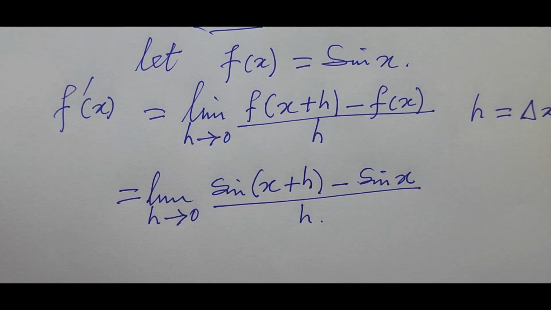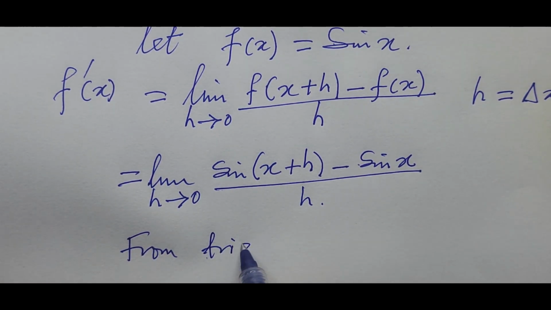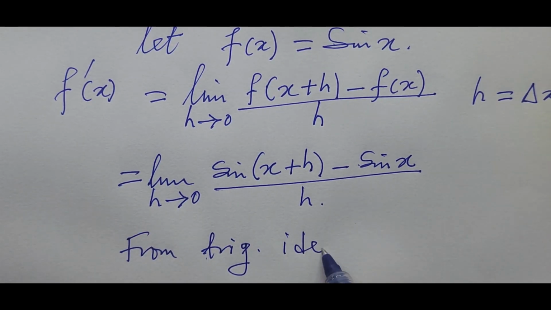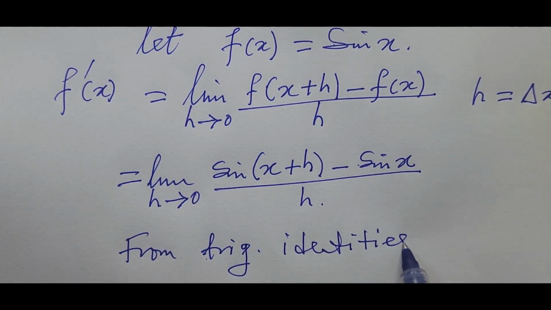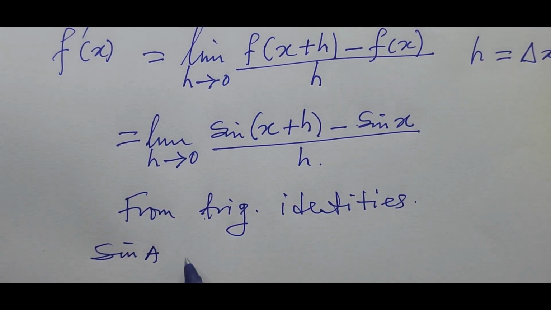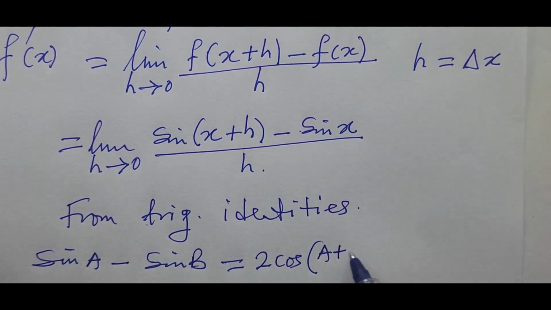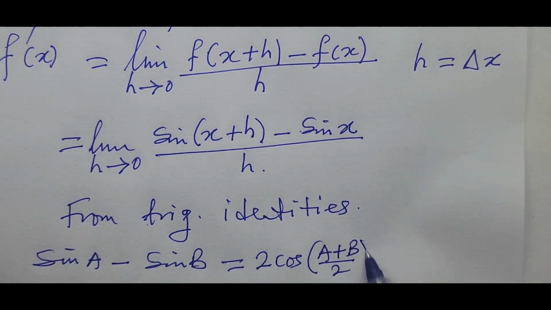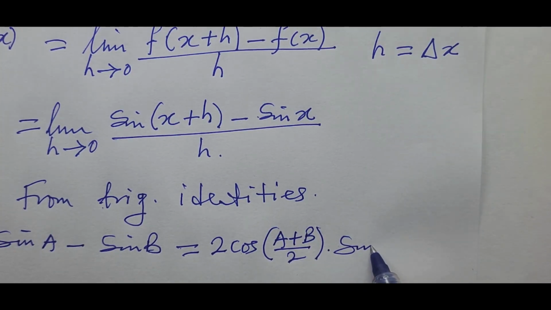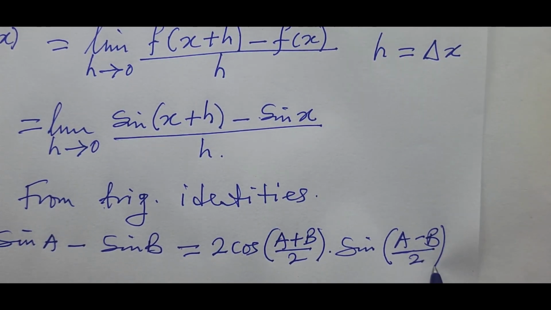So we know from trig identities that sine A minus sine B is equal to 2 cos bracket A plus B all over 2, close bracket, times the sine of A minus B all over 2, close bracket.